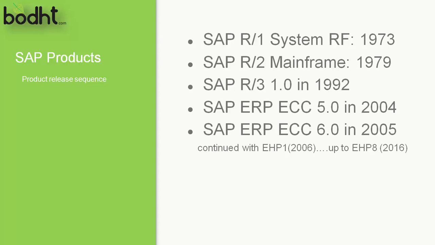That way they have come up to enhancement package 8 in 2016. And in 2015 they came up with another product called SAP S4 HANA. But this is a pretty new product in the market, so it will take some time to stabilize and for enterprises to move into S4 HANA.